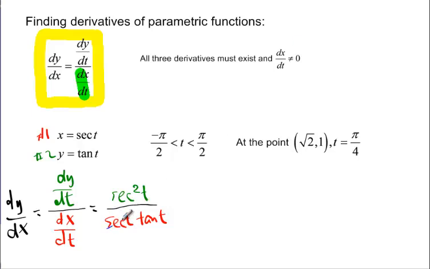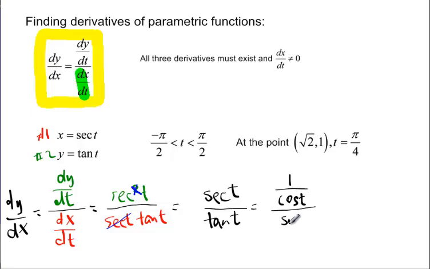And the secant t and one of those secant t's cancel. And so I have secant t over tangent t. Well, don't forget that the secant is 1 over the cosine, and the tangent is sine over cosine.